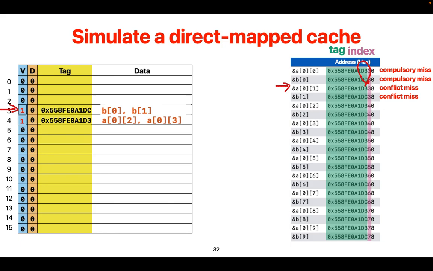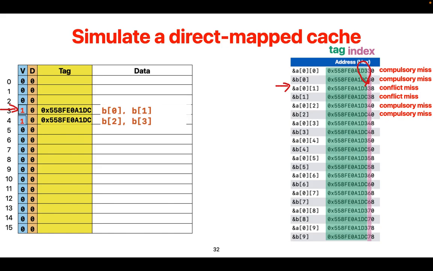So it's a compulsory miss. Now, when I'm accessing B2, hit or miss? What kind of miss? Compulsory, right? Because that was the first time we accessed B2 and B3.